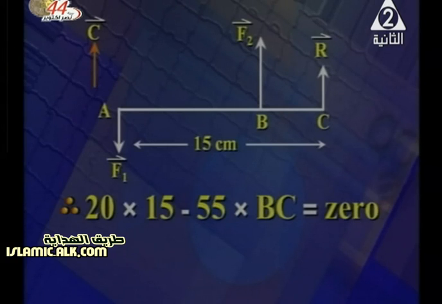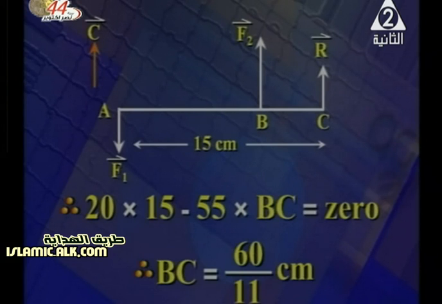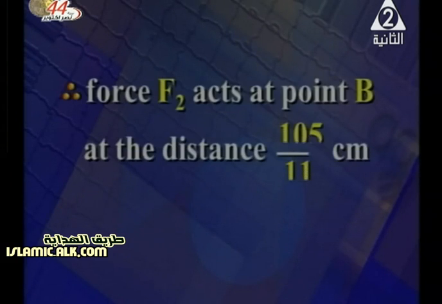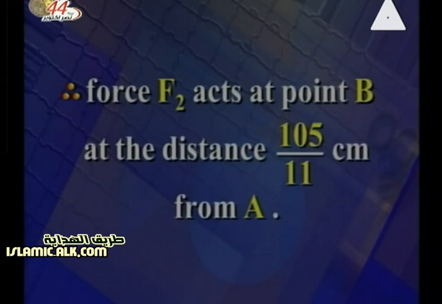After that, we find the value of BC. Therefore, BC equals 60 over 11 centimeters. What do you mean? It means F2 acts at 60 over 11 from point C. Force F2 acts at point B at a distance of 105 over 11 centimeters from A.